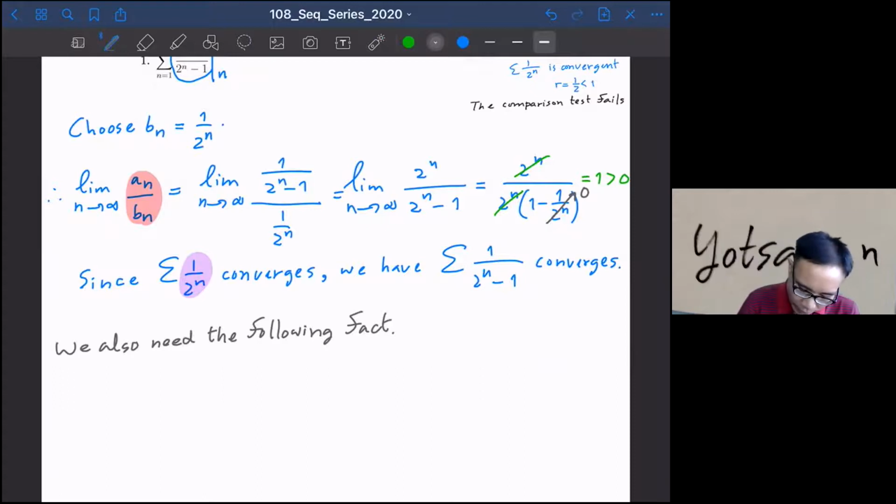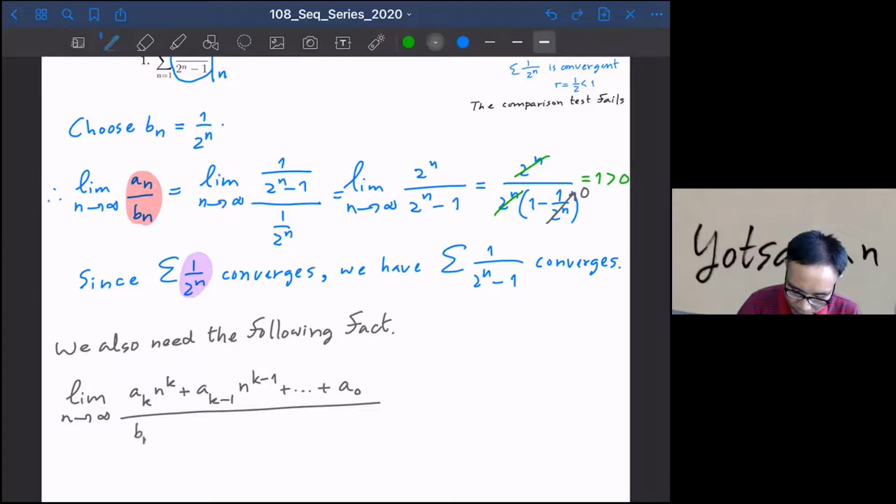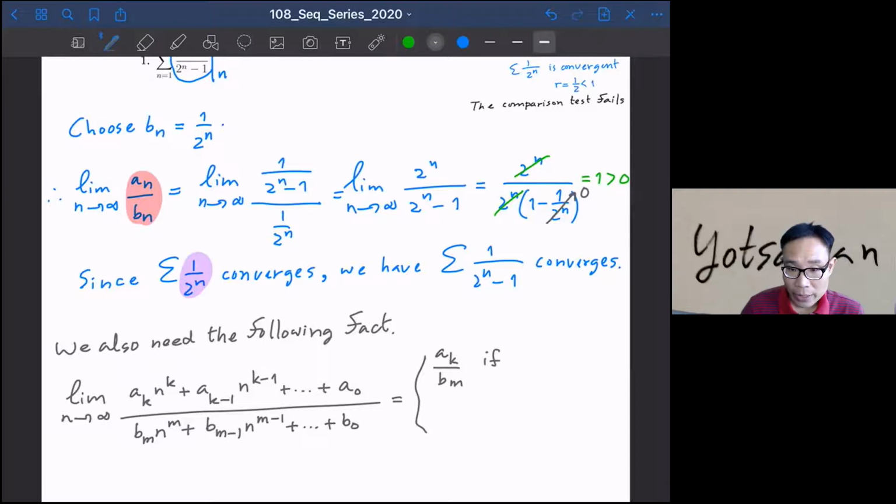What kind of fact do I need? If you compute the limit as n goes to infinity of (ak n to the k plus ak minus 1 n to the k minus 1 plus until a0) over (bm n to the m plus bm minus 1 n to the m minus 1 plus until b0), this limit of the quotient between two polynomials turns out to be equal to the ratio ak over bm if you have k equal to m.